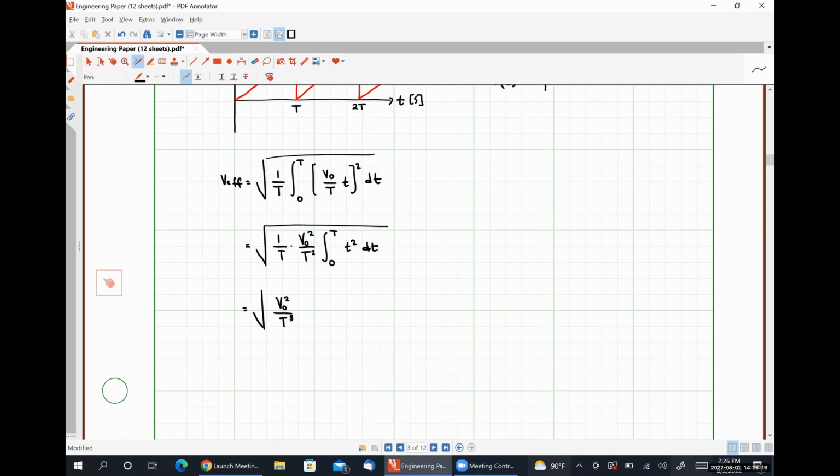And the integral of t squared is just 1/3 t cubed, evaluated at capital T or period and 0.